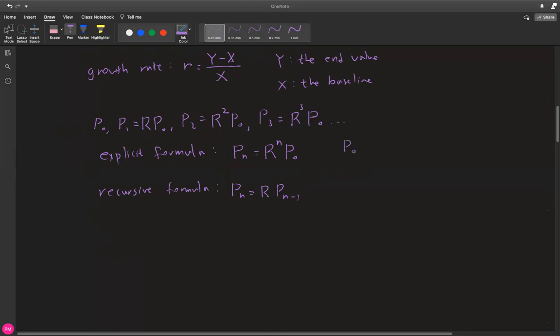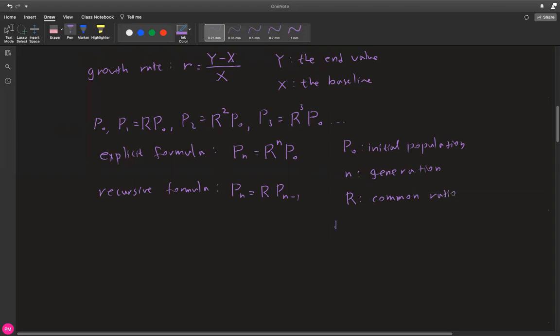Here P0 is the initial population, n is the generation, and lastly, R is the common ratio.